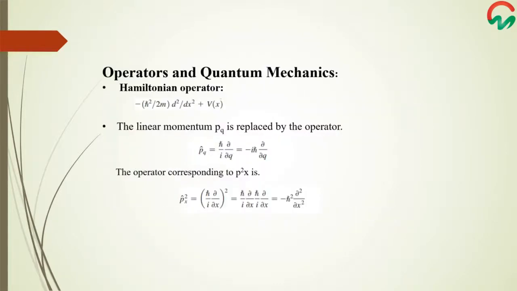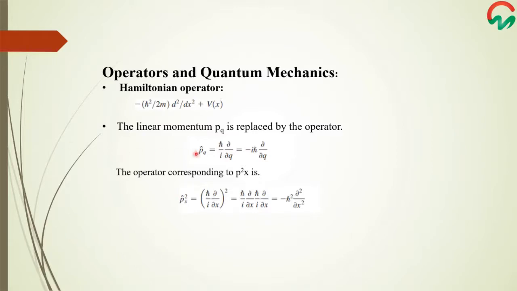Now we will look into the role of operators in quantum mechanics. The Schrodinger wave equation, known as the eigenvalue equation, uses the operator called the Hamiltonian operator, which is given as minus h bar squared over 2m times d squared by dx squared plus V(x). It is an energy operator.